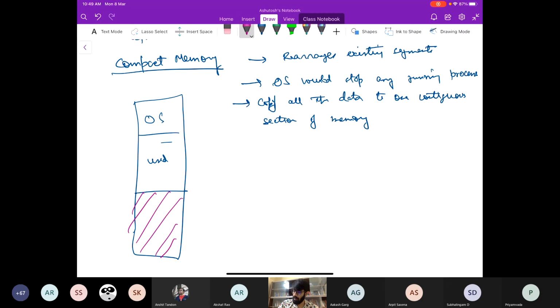So this was, let's say, 16, and then whatever, 48 or something. 24 was left, so it should be 40. Okay, and so it will copy all the data, all the segments here, and it will save all the registers.